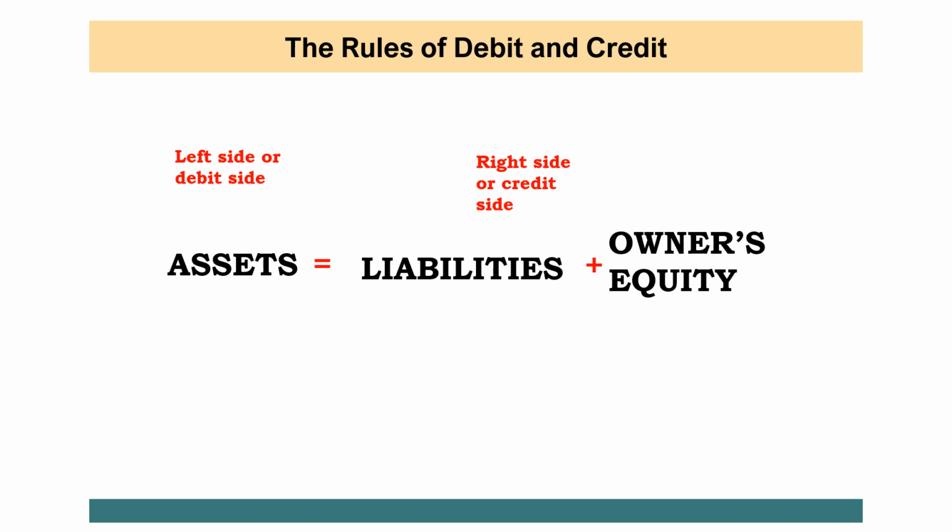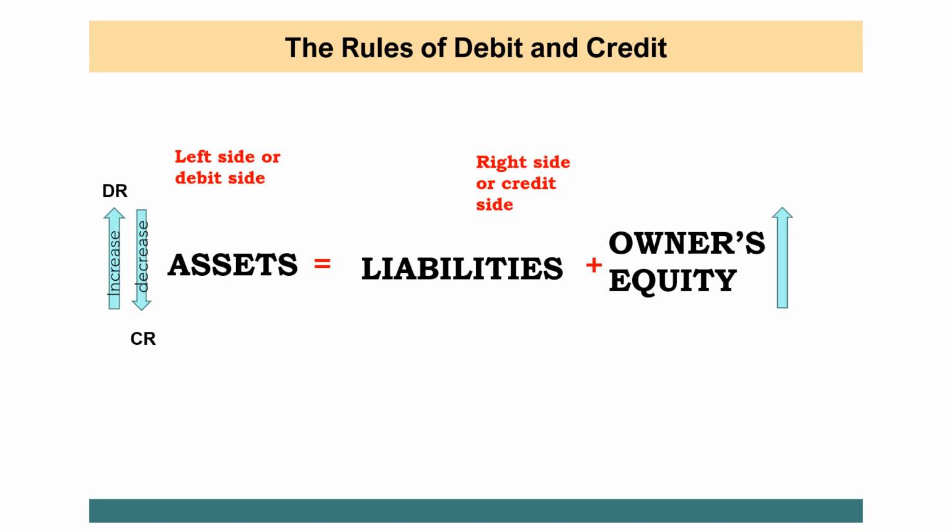So when you increase your assets, you will need to debit the assets. And that's DR when you abbreviate the word debit. When you decrease assets, you will credit the assets, and that's CR when you abbreviate the word credit.